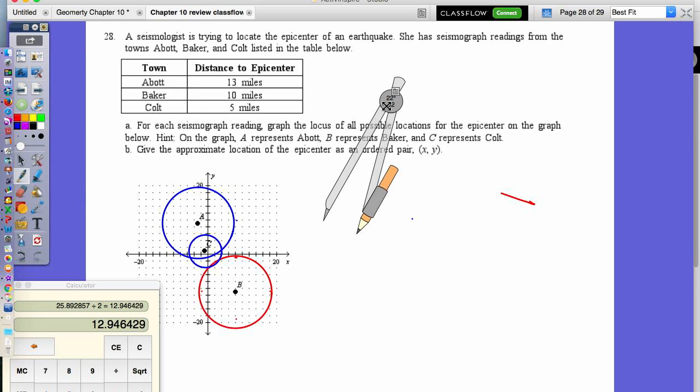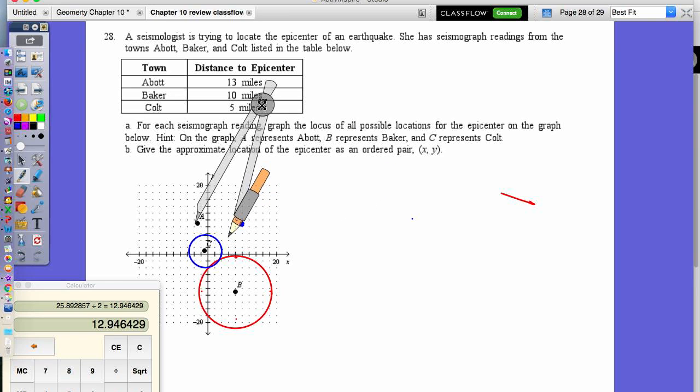Let me see what I did wrong there. Let me undo that circle. Let me try using my pen. So 13 miles, so that's going to be 6.5 spaces. That's half. 1, 2, 3, 4, 5. There we go. It's over there.